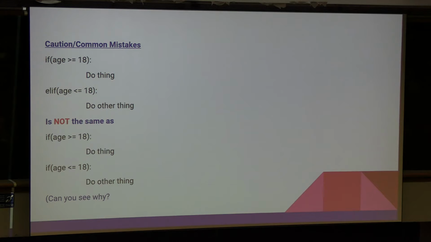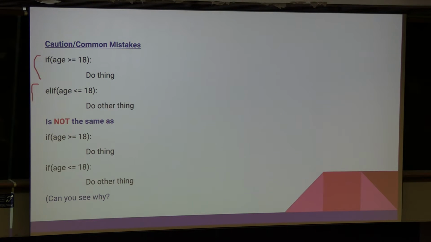Now, if age is equal to 18, can you tell me which blocks will run and which blocks will not run, starting from the first one? Go ahead. If it's equal to 18, the second one is going to run. What do you mean the second one? If age is less than or equal to 18, do the other thing. Let me bring my pointer. So, I have a pen here.